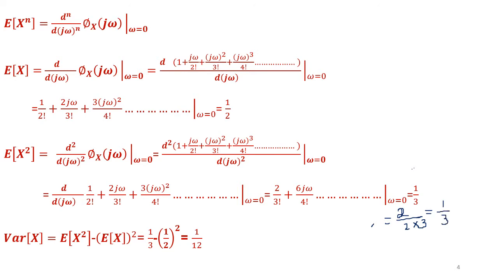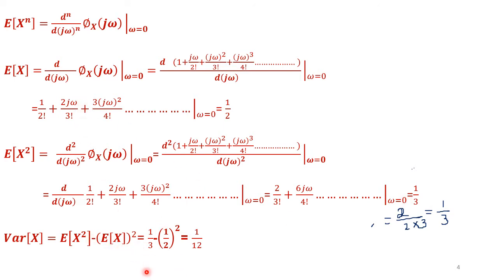Knowing the expectation of x and the expectation of x squared, I can always find the variance of x. The variance of x is given by E of x squared minus E of x whole squared. E of x squared is 1 by 3 and E of x is 1 by 2.